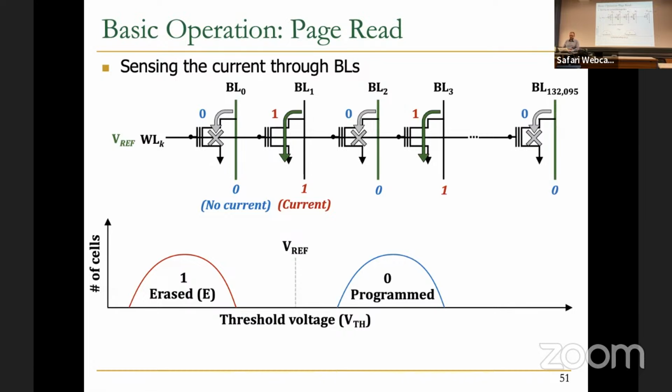But the process is quite easy. If the bit line current flows, meaning that this switch is on, that means in this example that you haven't programmed this flash cell. But if the bit line current doesn't flow, that means that you have programmed that flash cell and you encode it as 0. Is that clear? Okay, good.